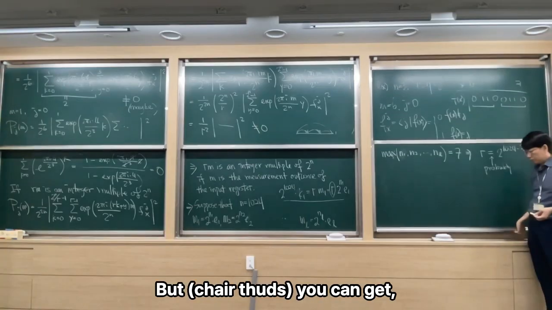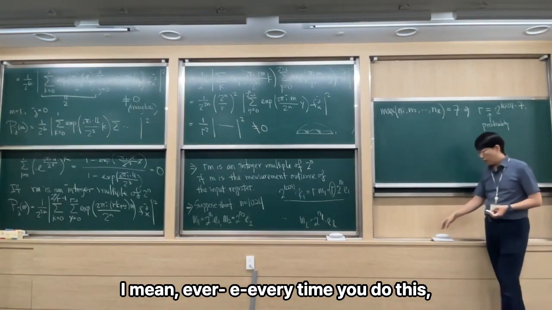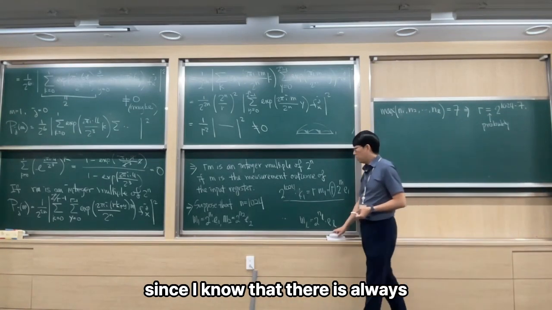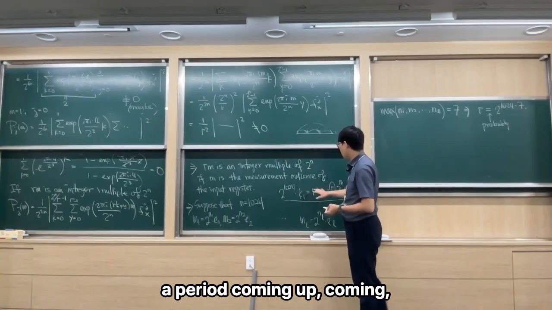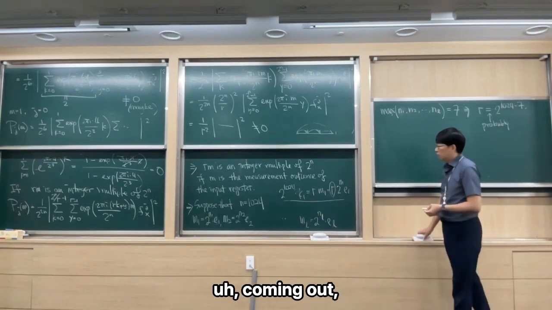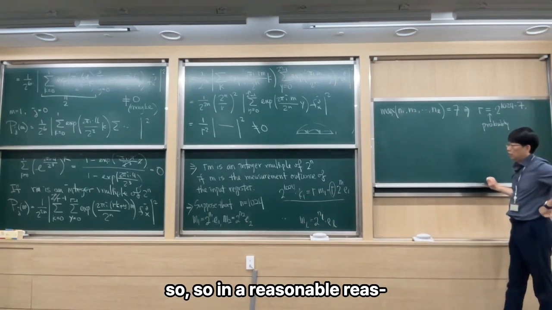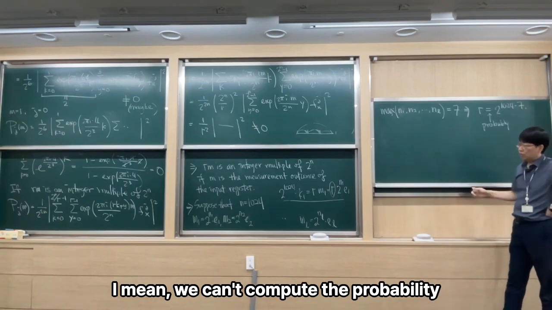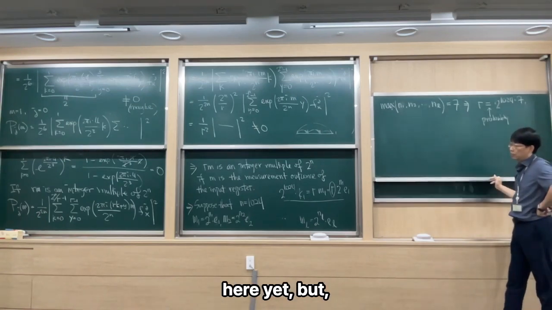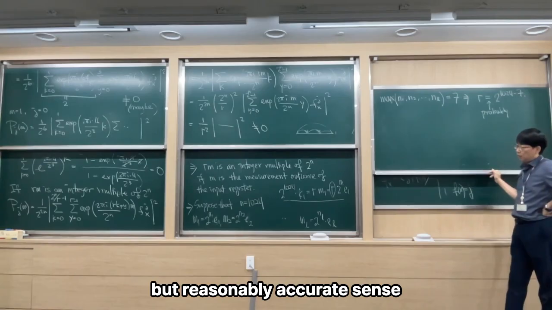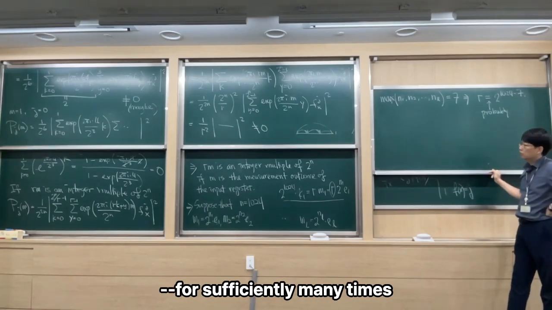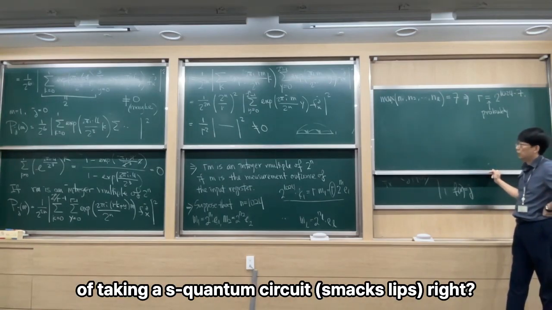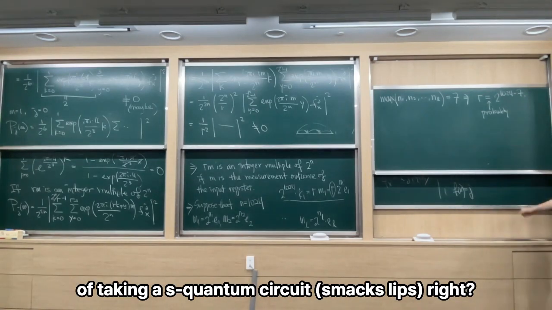But every time you do this, since I know that there is always a period coming out, we can't compute the probability here yet, but it is reasonably accurate that we get the period for sufficiently many times of taking a quantum circuit, right? Makes sense?